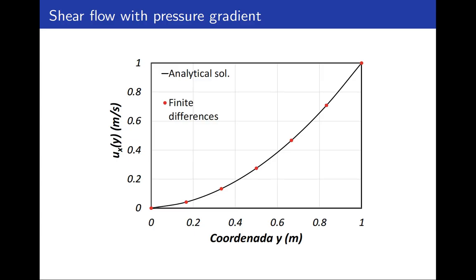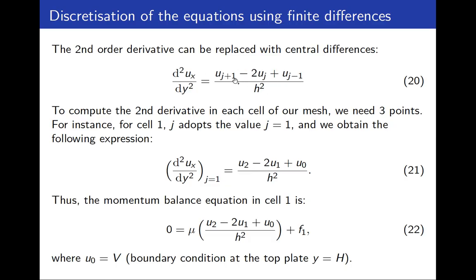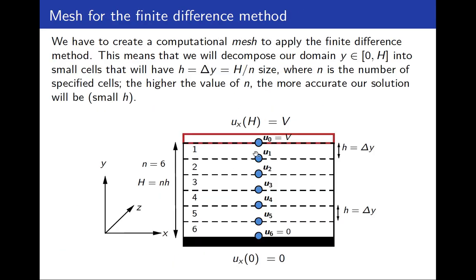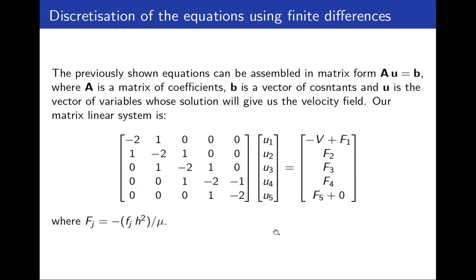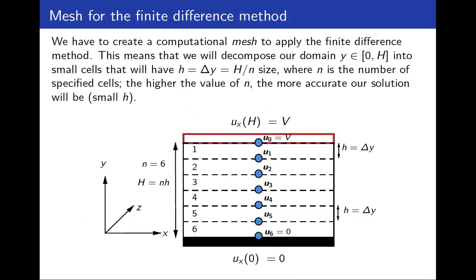So just to conclude, finite difference is the easiest method to solve fluid mechanics problems, because we just need to evaluate these derivatives using values of the velocity at different points in the mesh. However, the problem with finite differences is that in the majority of cases, they apply only to very simple geometries.